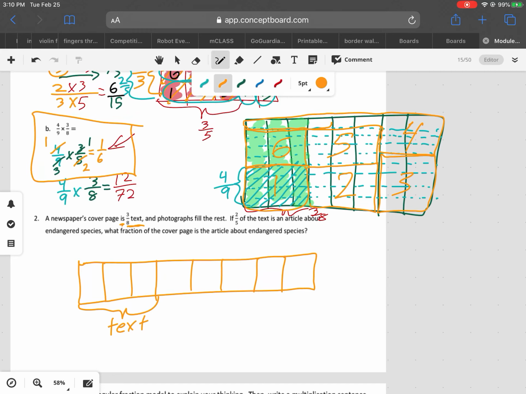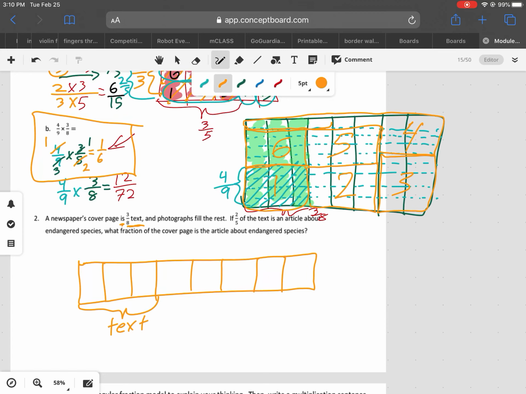Alright, so newspaper cover has 3/8 text and photographs fills the rest. Alright, so we have the photographs filling the rest. This story, as they want us to call it, has a lot of information that we need to pay attention to.